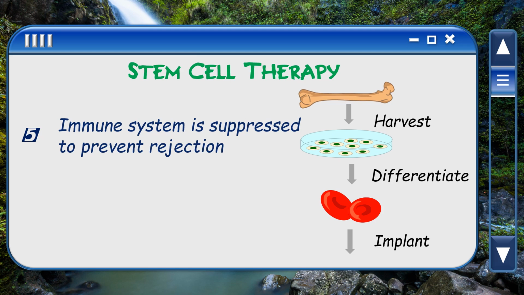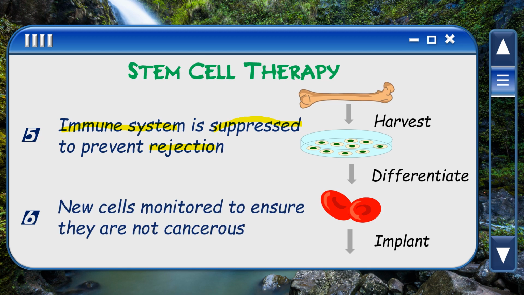The immune system is going to try to reject them, so the immune system of the host can be suppressed so that it does not reject these new cells.